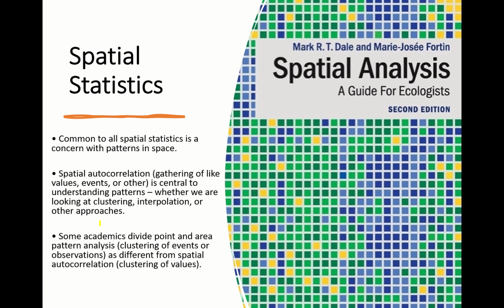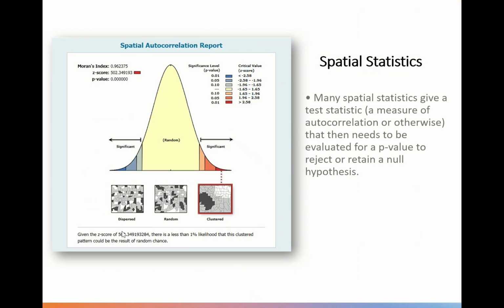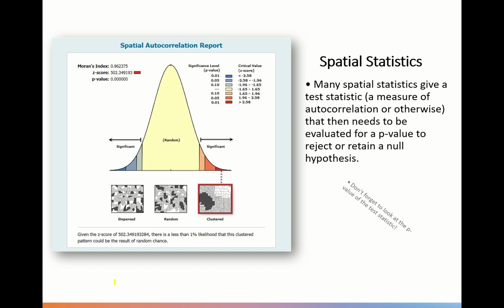Just to note that some academics make a distinction between spatial analysis of point and area data. We won't do too much of that in this lecture, but keep that in mind. Also keep in mind that we can set these autocorrelation and spatial statistic analyses up just like other classical statistical tests we've done in the past, when we looked at the normal distribution, where we have some random variable and a null hypothesis.